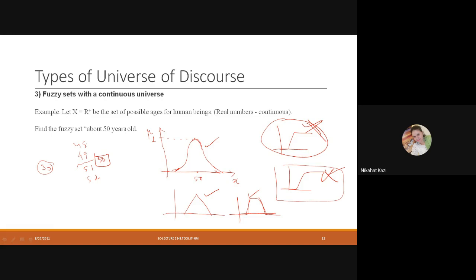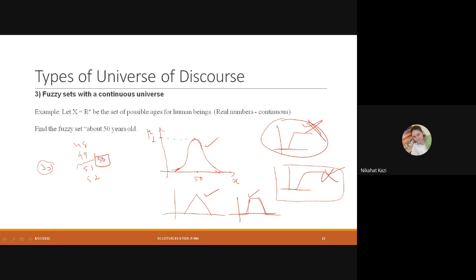Okay. So when you're actually designing controller problems or designing a fuzzy inference system, whatever fuzzy sets you're going to model have to be intuitively correct, logically correct.